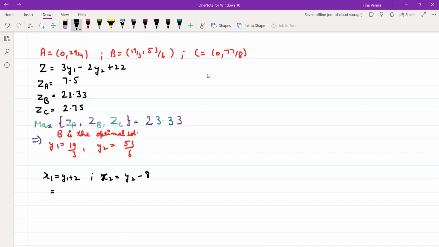So whatever point you get, X1 will be 25/3 if you solve, and X2, when you solve, is coming out to be 5/6. That means X1 equal to 25/3 and X2 equal to 5/6 is the optimal solution.